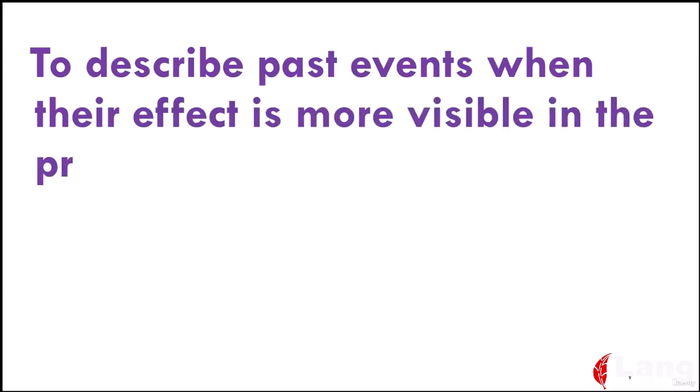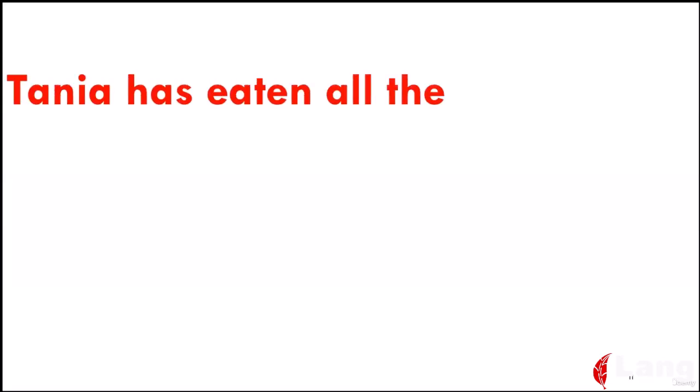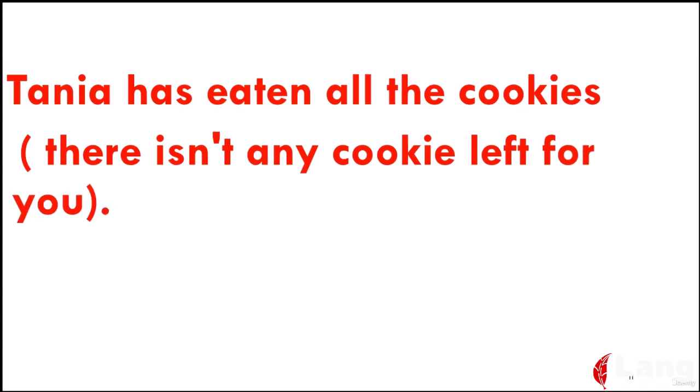The present perfect tense is also used to describe past events when their effect is more visible in the present than the past action itself. Examples: Tanya has eaten all the cookies. There isn't any cookie left for you.